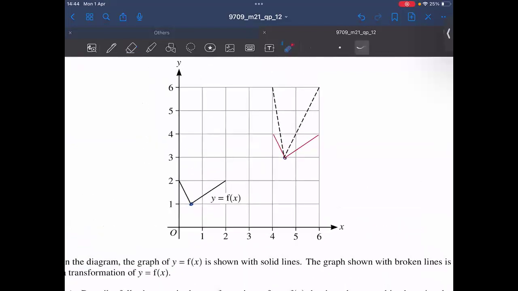Because have a look at this. This graph is going to be first translated only along the x-axis, up to here. That is like this. Like this. All right.